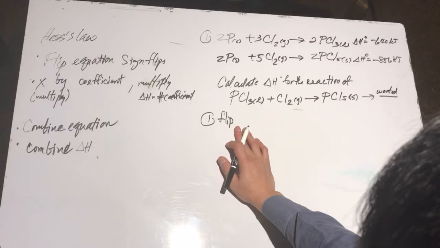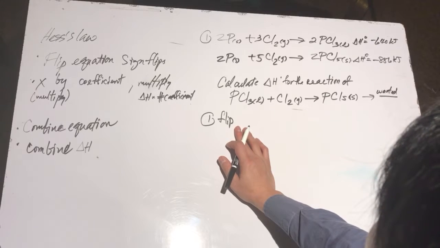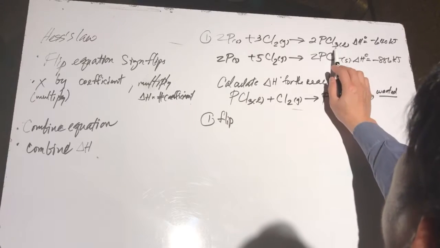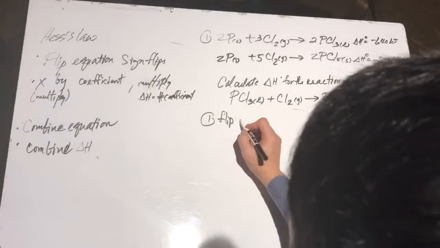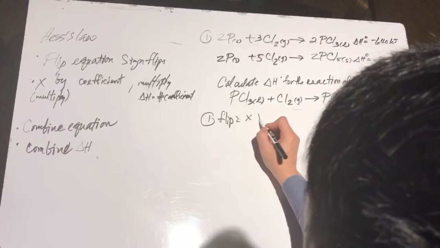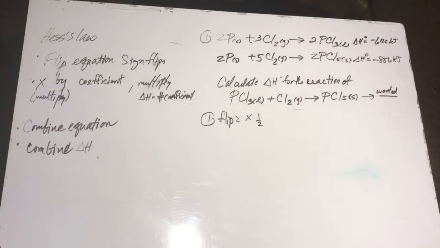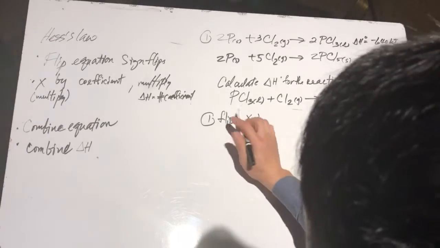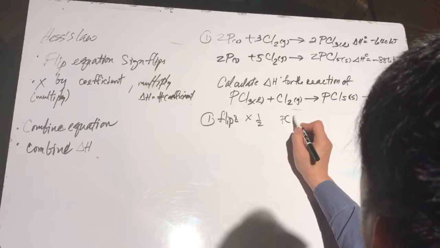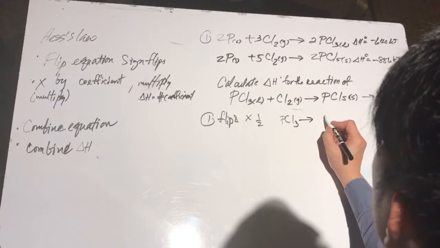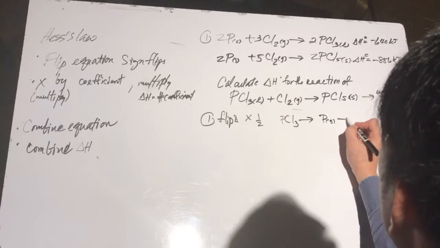So let's first start by flipping, and look at this one. This is the only one we have, so we must divide this one by 2. Flip and multiply by 1/2. So it will be PCl3; if we flip it, it will be P in solid form.